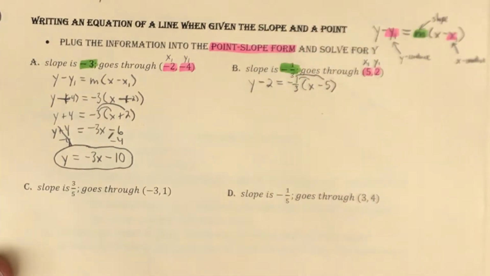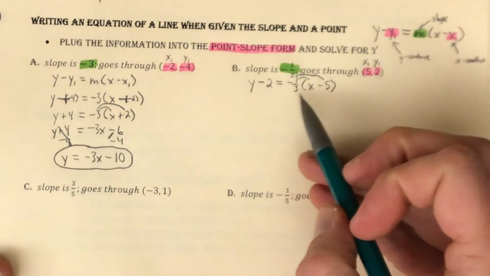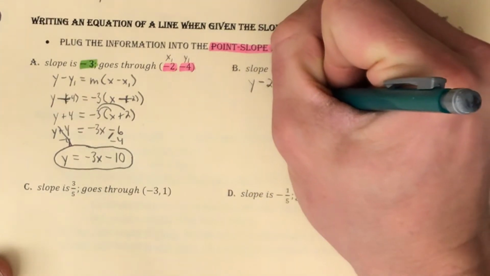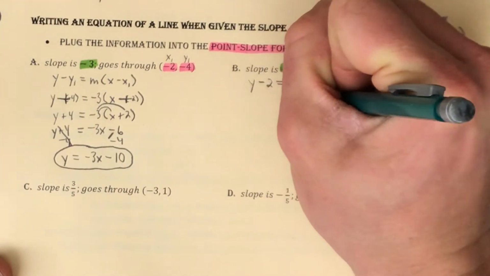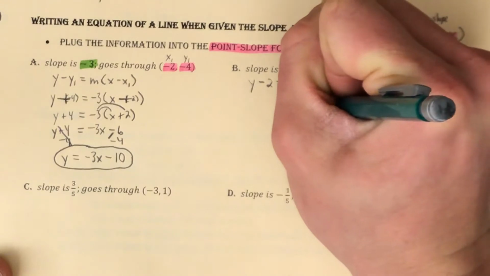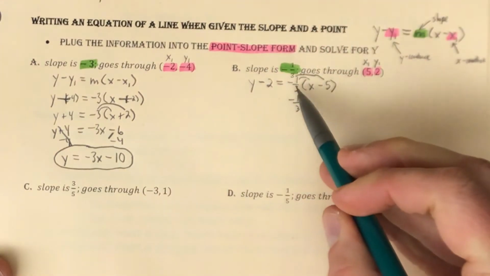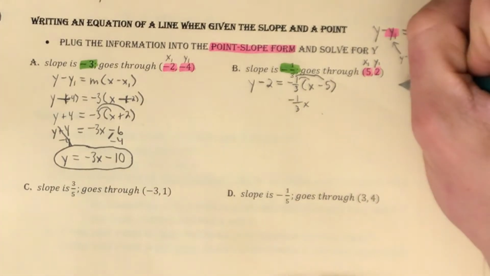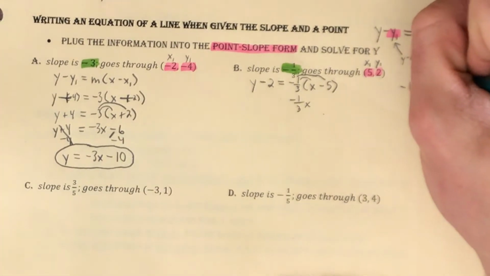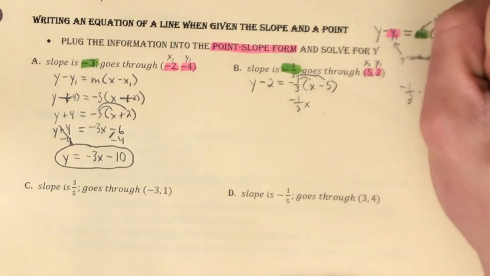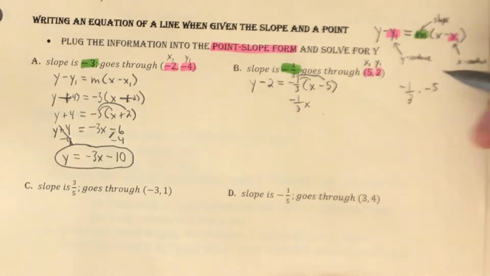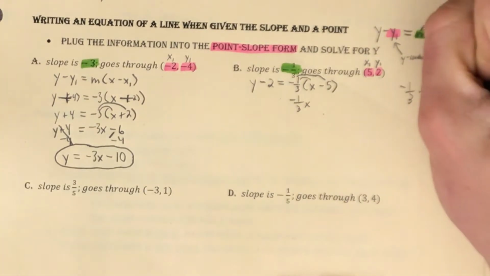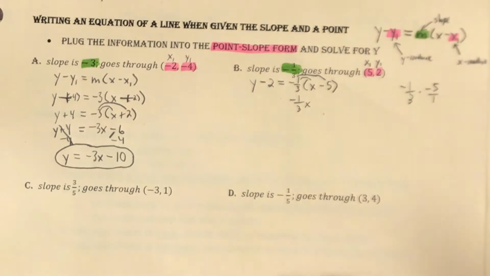Do the multiplication. Negative 1/3 times x is negative 1/3 x. So I've got negative 1/3 x. And then negative 1/3 times negative 5. Well, that doesn't go easy, so let's do that out to the side. Negative 1/3 times negative 5. In order to multiply them, I need this to be a fraction, so let's put it over 1.